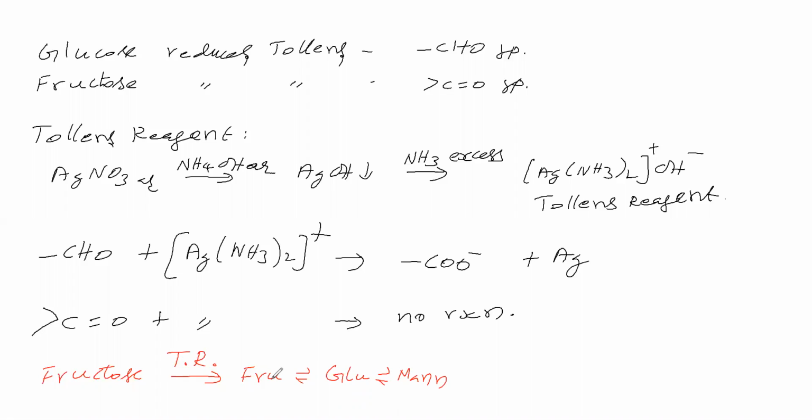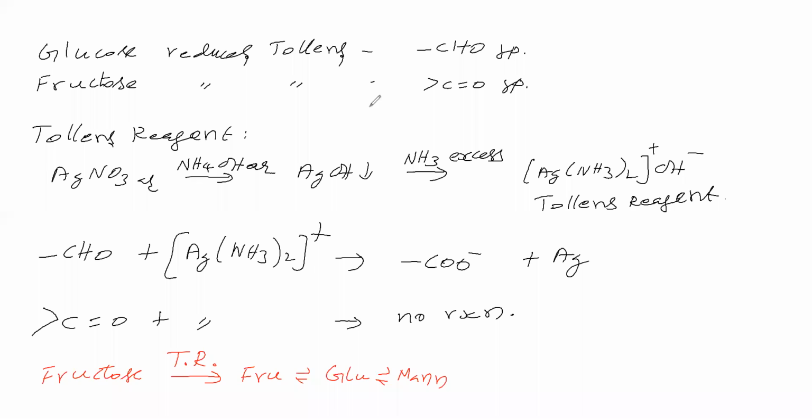Actually, fructose is not reducing. Fructose has a ketone only. But because of basic medium, fructose goes for equilibrium with glucose and mannose. This glucose and mannose have an aldehyde group which reduces Tollens reagent. Therefore, indirectly we are saying fructose reduces Tollens reagent, though it has a ketone.